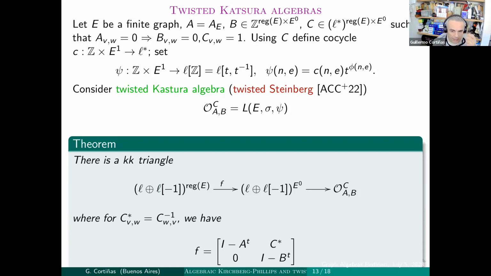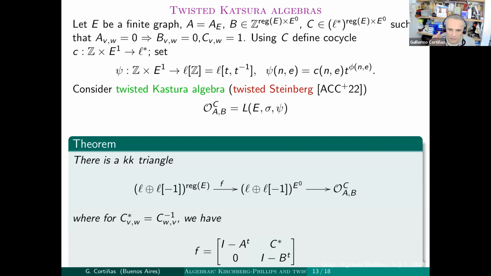Here, we expect 1 minus A B transposed, and now we have 1 minus A C B transposed, where the minus, in the case of C, means taking the inverse of each of the coefficients and transposing it. So this is what we have there.